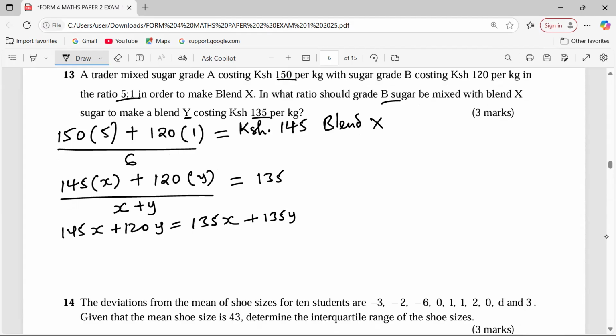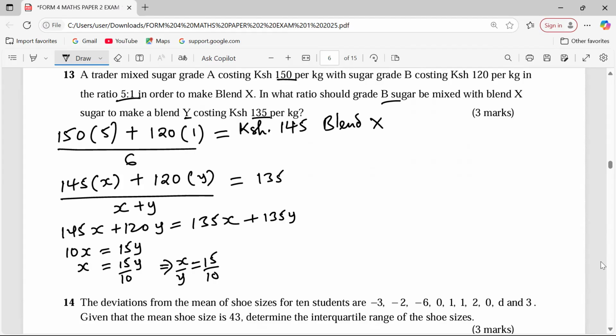Grouping terms, 145x and 135x gives us 10x. Then 135y and 120y gives us 15y. To remain with x, we divide by 10 to get 15 over 10 y. Now, to do away with y on the right, and that we remain with 15 over 10, we should divide by y.